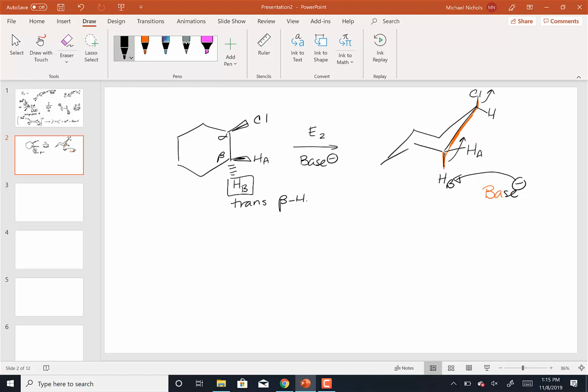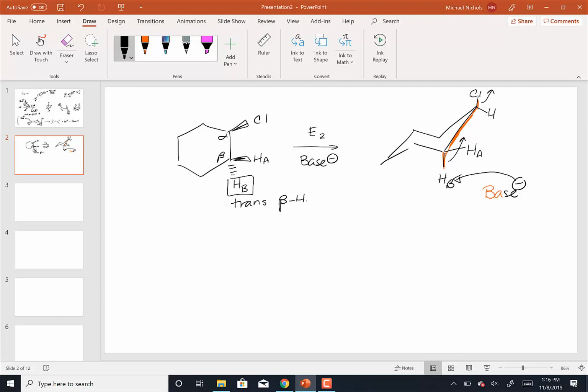And so when we're looking at cyclohexane rings and doing E2 reactions on them, only the beta hydrogen that is trans to the leaving group is going to be the one that's removed. Okay. The other hydrogen will not be removed. Everybody okay with that?